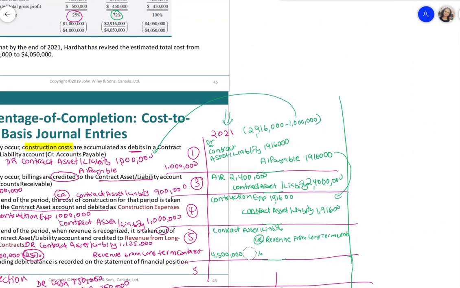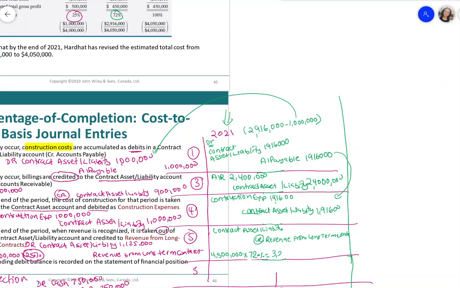So we are going to record the revenue at 72%, but that's the total project that is completed. So what we needed to do is know how much was recognized before. We can only do it for the current year. So in this case, this was the total revenue that should be recognized up to this point.